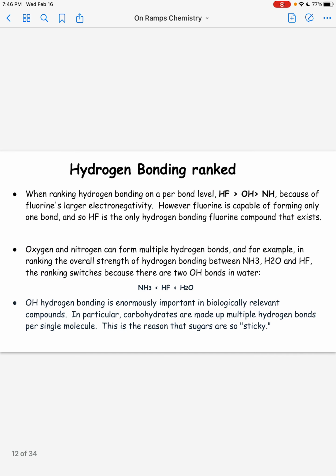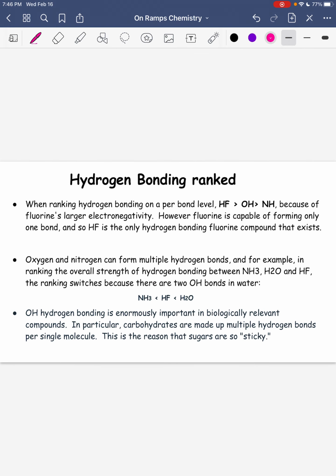So then we have hydrogen bonding ranked. We have HF, OH, and NH, with HF being the strongest. This is because we look at electronegativity. Fluorine has a larger electronegativity, so HF is going to be stronger than OH or NH.